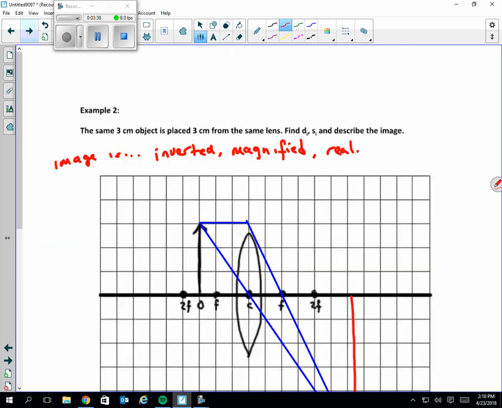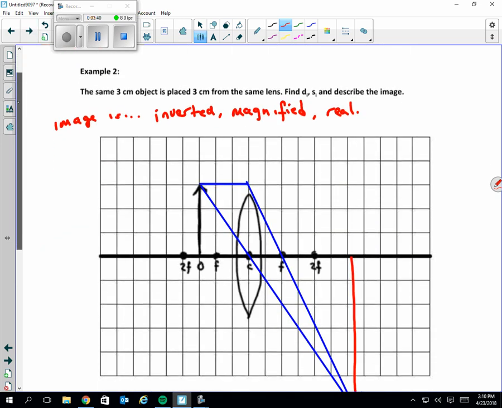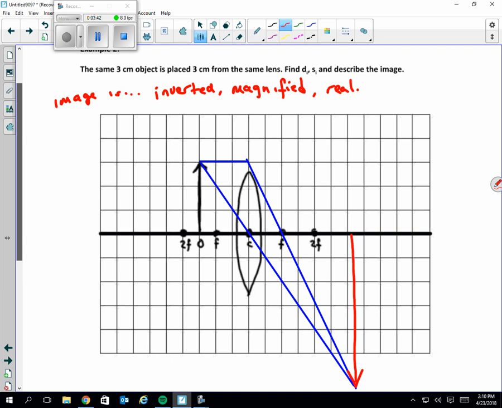Okay, the next example. So, same equation, 1 over DO plus 1 over DI is 1 over F. Distance to the object this time is 3. It's 3 away from the center. So 1 over 3 plus 1 over DI is 1 over 2.